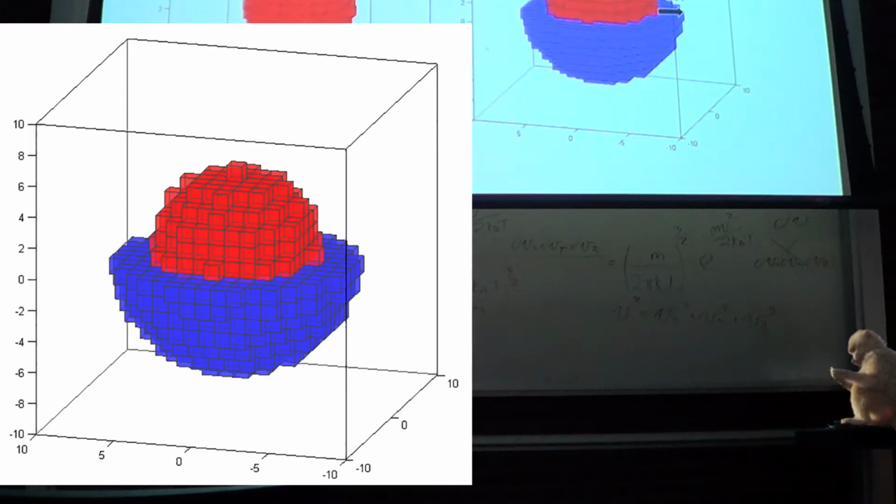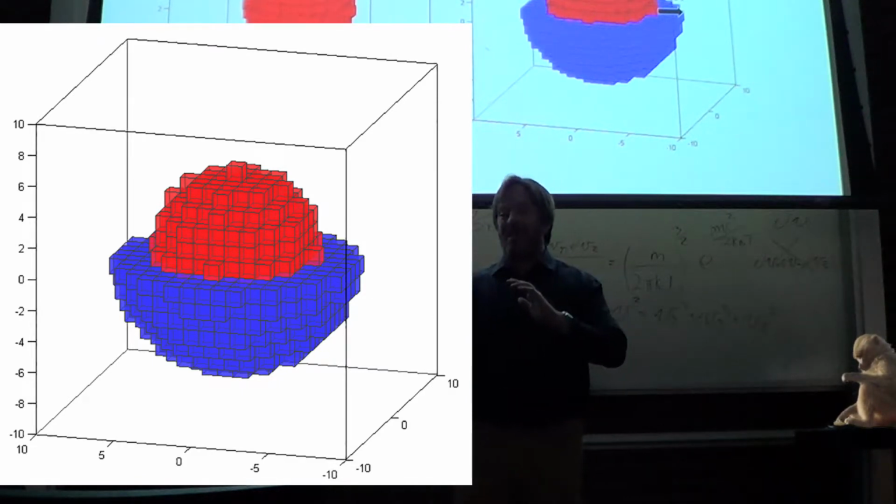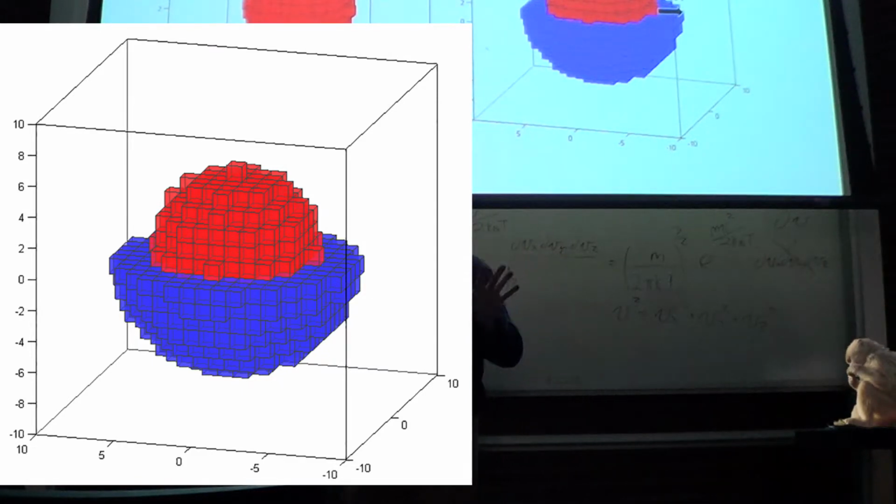It would be 4/3 pi (r plus dr) cubed, minus 4/3 pi r cubed. The blue is not the volume of a sphere, it's the volume of a shell. That's what it is, the volume of a shell.